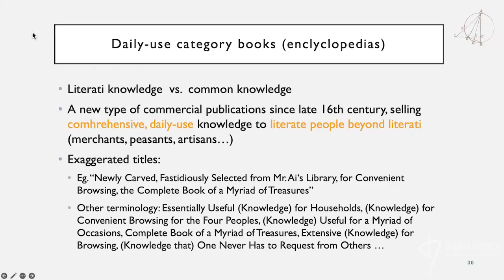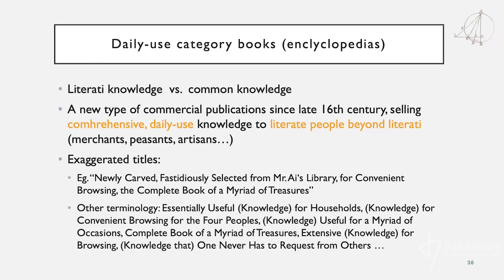So a little bit of background about what this genre is. They are called daily use category books. This is the direct translation, that they categorize knowledge within a set of categories. So this whole project or working group is concerned with literati knowledge in historical China.